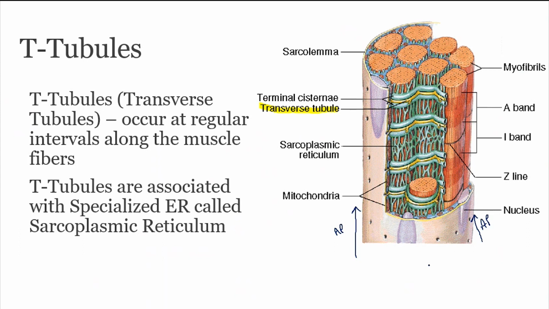And that's all well and good, but what's actually doing the contracting of this muscle cell? It's the sarcomeres located within the specialized organelle called the myofibril. That's what's doing the contracting. So the action potential has to reach the myofibrils. Well, if the action potential is just running along the outside of the cell, it's not going to be able to get to the myofibrils on the inside.